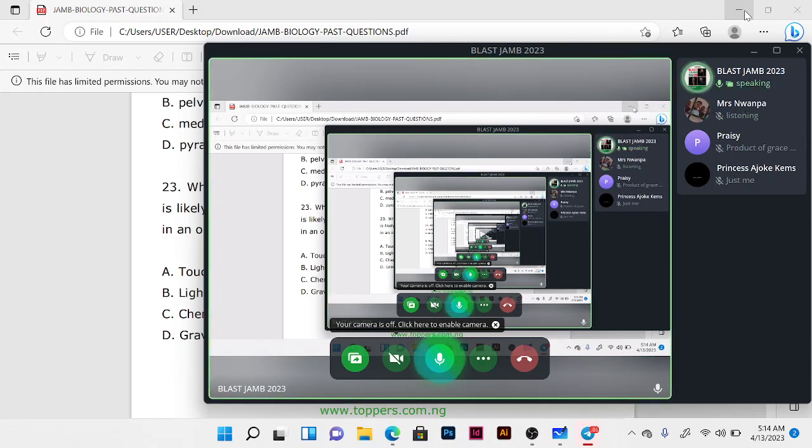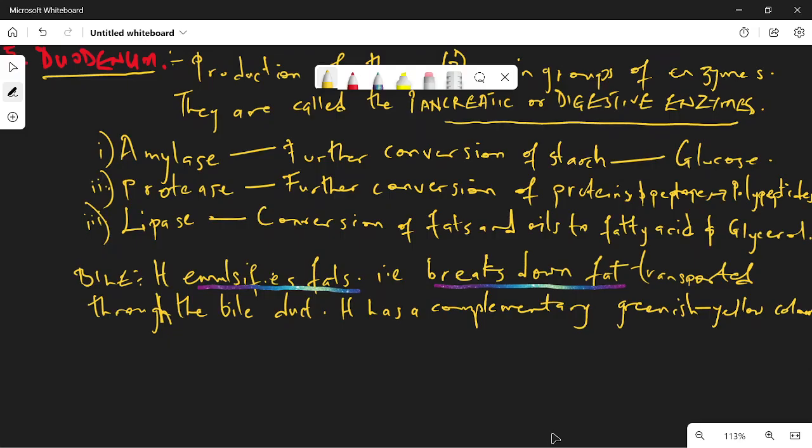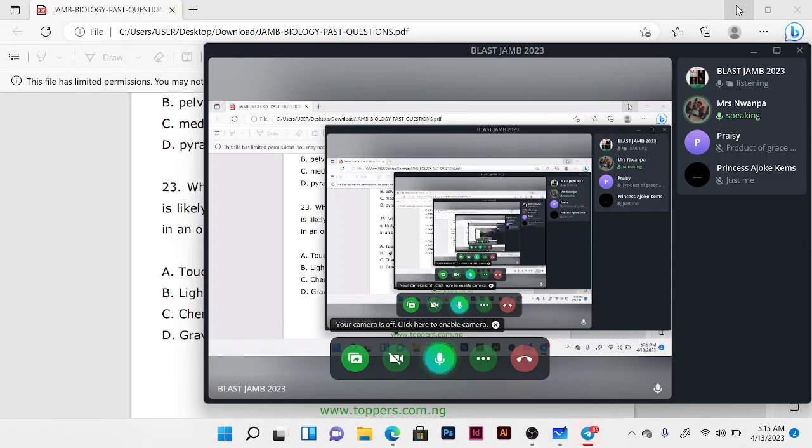If the food substance you have just eaten is pork meat, which of those digestive enzymes will be acting on the food? Lipase.